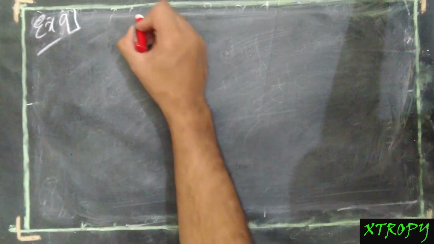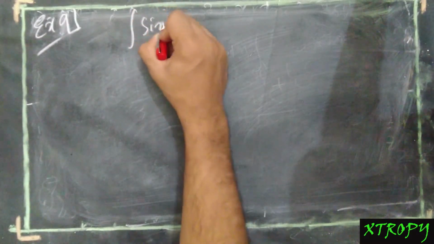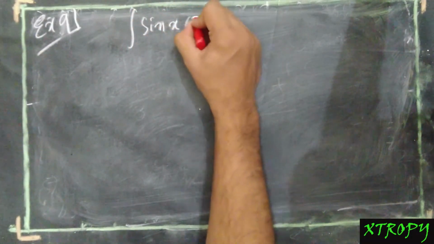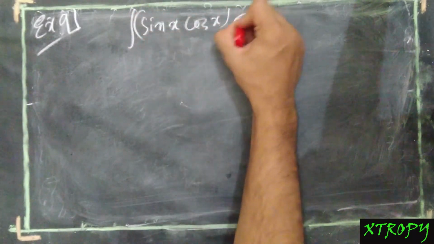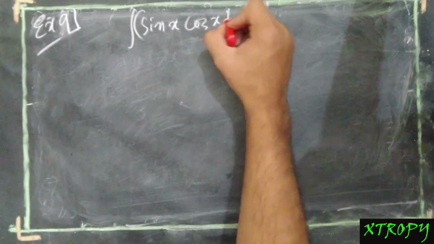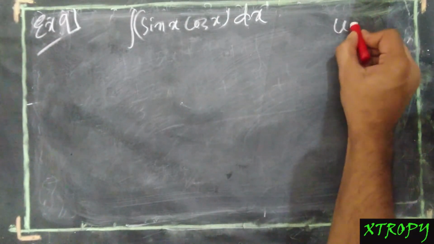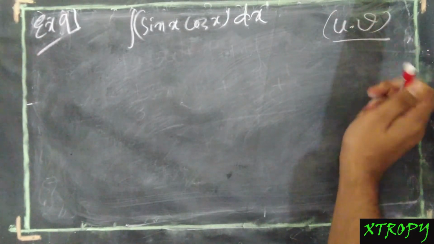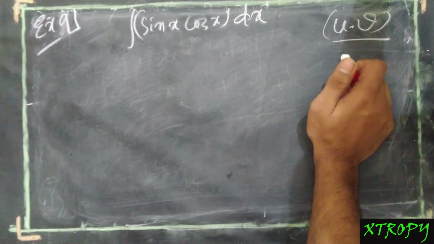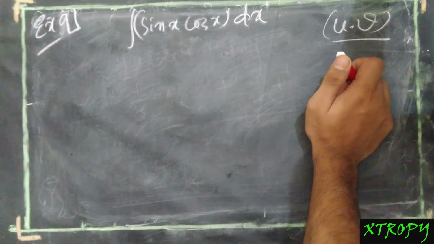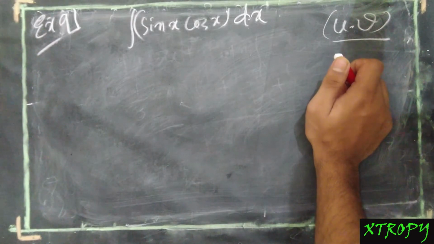Example number 9. In this question we are asked to evaluate the integration of sin x into cos x dx. So think, we do not have any product rule like differentiation. So how will we approach this sum? Here is where the importance of trigonometry reflects so much.